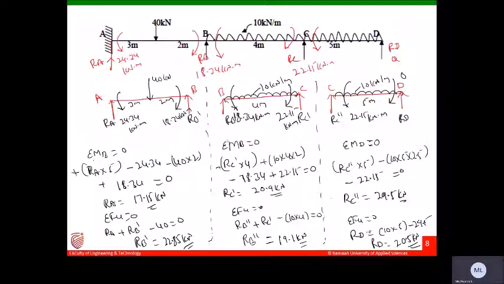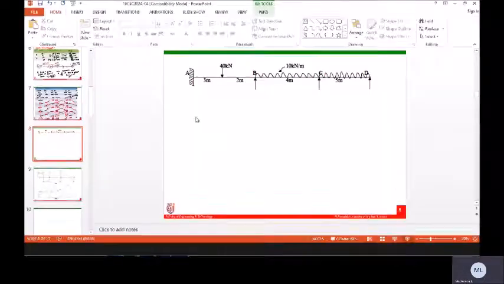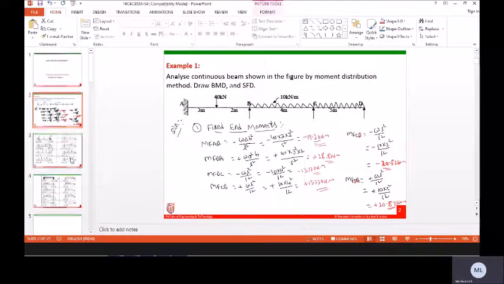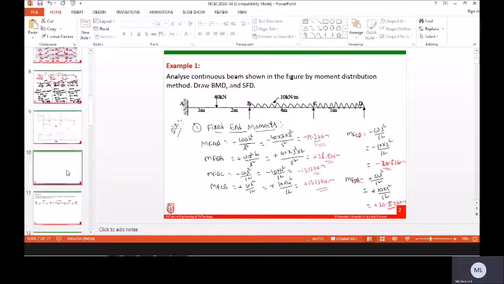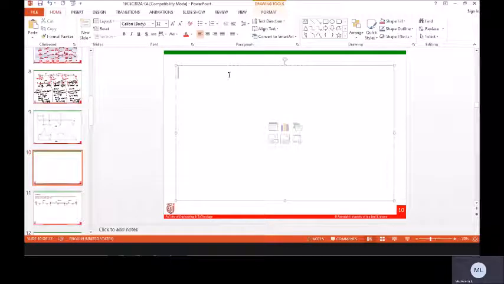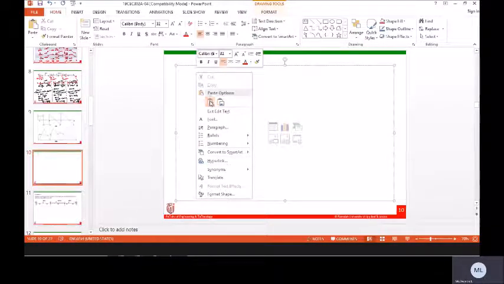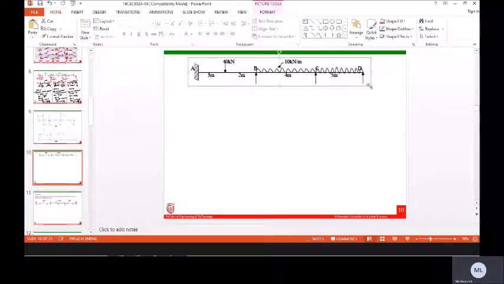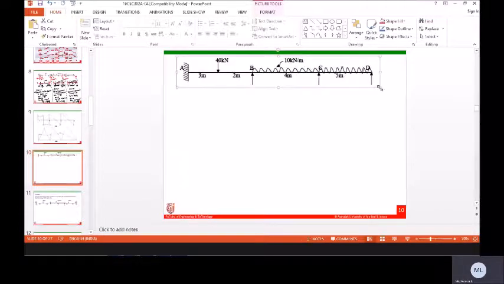Now let us take how to draw SFD for the given beam. Now what I have to do, let us take how to draw SFD for the given beam. I will show you how to draw your SFD for the given beam. Just take copy and you can paste it here. So I will show you how to show SFD and BMD.